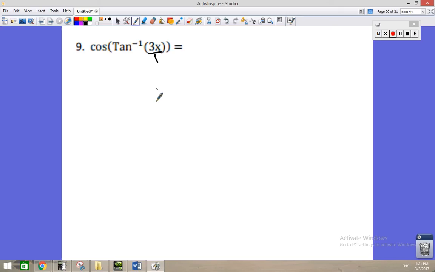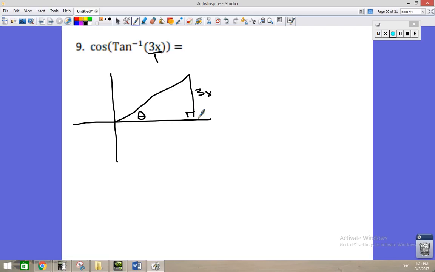Let's make this 3 over 1. Let's assume that the angle is in quadrant 1, or we could put it in quadrant 4. Let's make this 3x and 1. And by the Pythagorean theorem, if I square that, I get 9x squared plus 1 squared. Take the square root of that, and that's my hypotenuse.